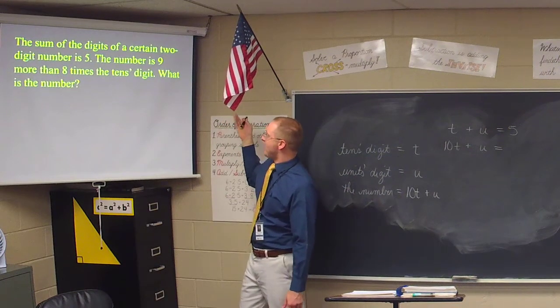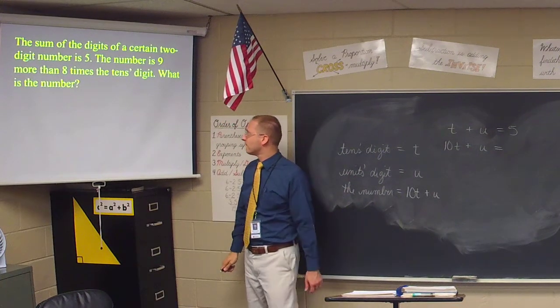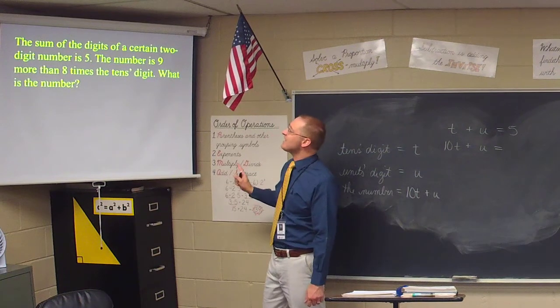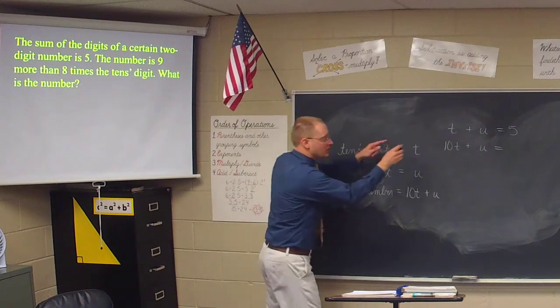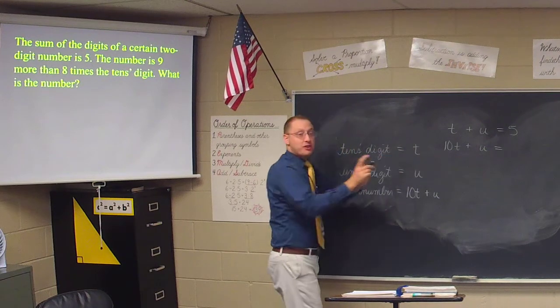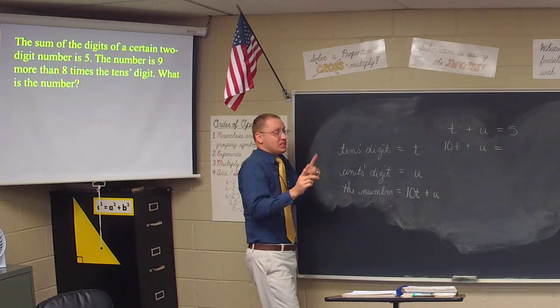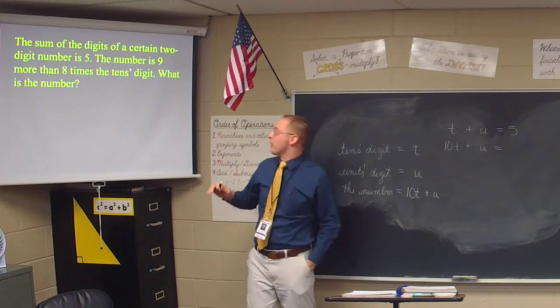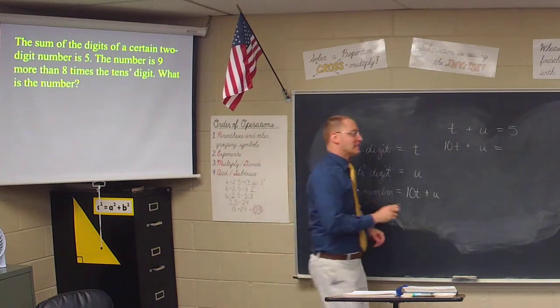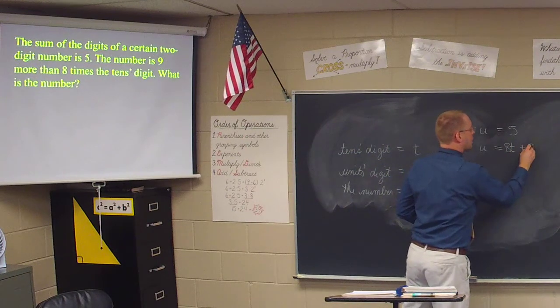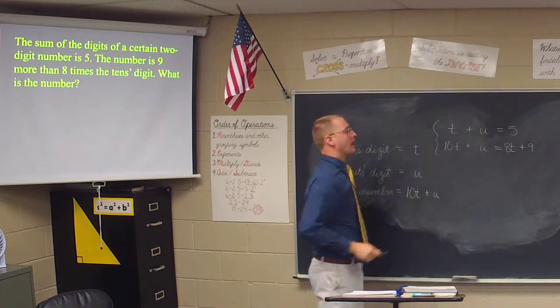The number is what, Maddie? 9 more than 8 times the tens digit. Not the value of the tens digit, but just the tens digit. Maddie, how do you suppose I'd represent 9 more than 8 times the tens digit? 8t plus 9. And there's our system.